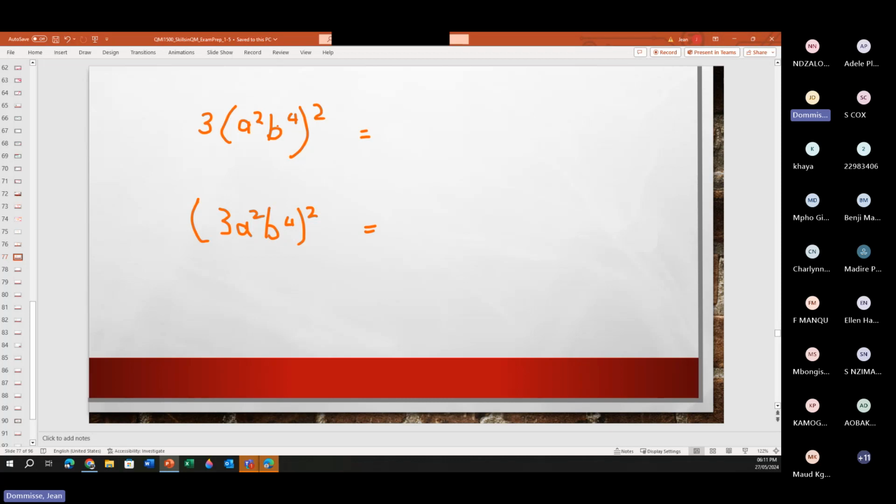If we have the top one, we will first do what's in the brackets. So it is a to the power of 2 times 2, it's a to the power of 4. Then it is b to the power of 4, and 4 times 2 is 8. And that will be 3a to the power of 4 b to the power of 8. If the number is within the bracket, now that is 3 to the power of 2, which is 9.